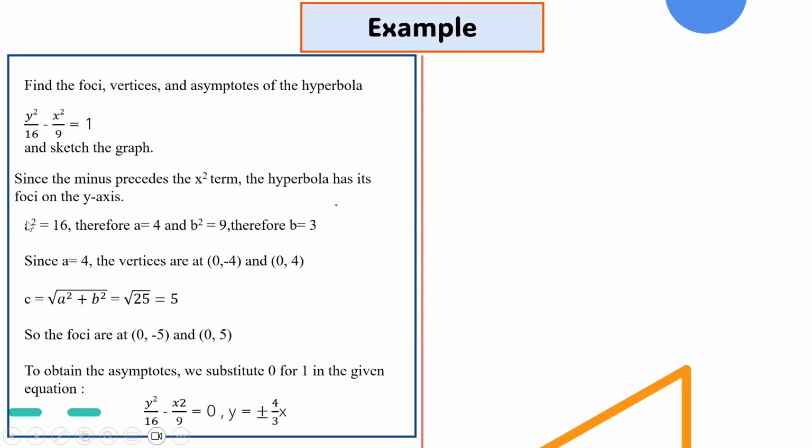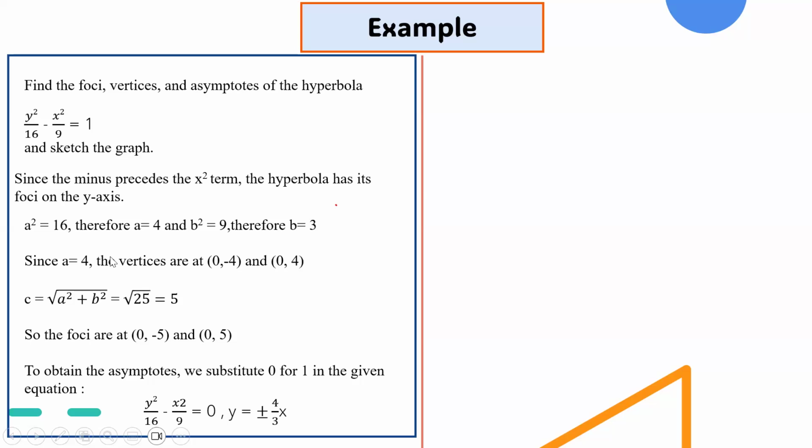The standard form, what Miss was explaining, was y squared over a squared minus x squared over b squared equal to 1. Now, because the minus sign is in front of the x squared, we know that our hyperbola will open up vertically.